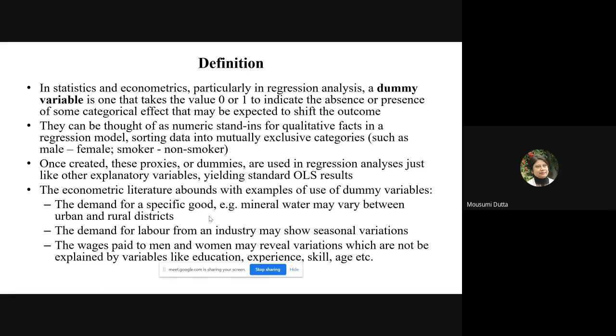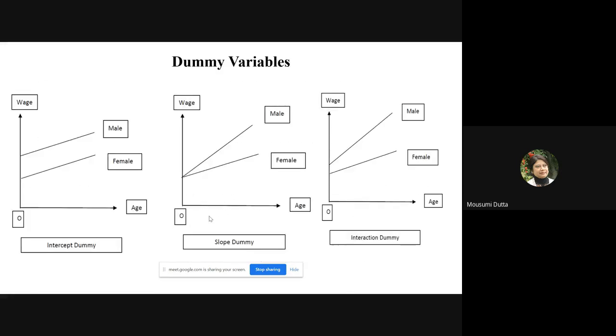If I control for education, experience, skills, then also just because of gender, there is a lot of evidence in the literature that the wage may vary. So for these kinds of studies, because of different categories, we want to find out whether there is any change or not. In that case, we will go for this kind of dummy variable analysis.